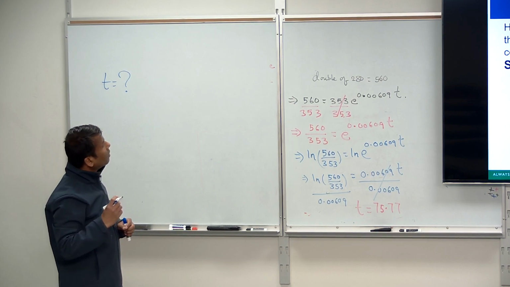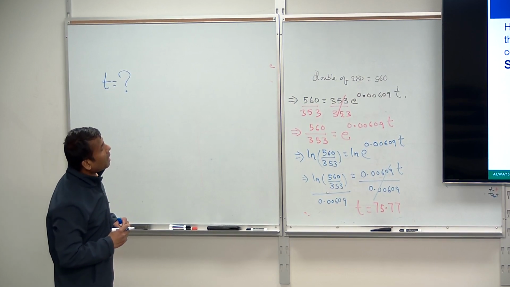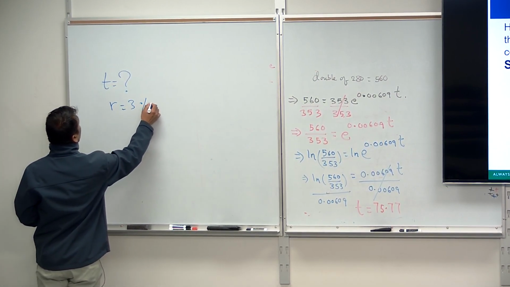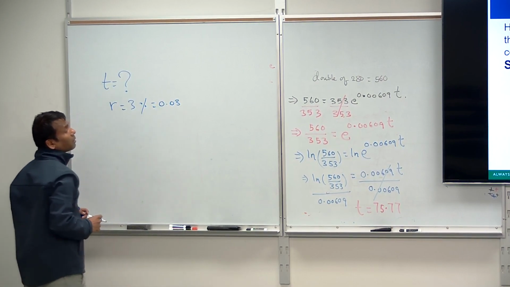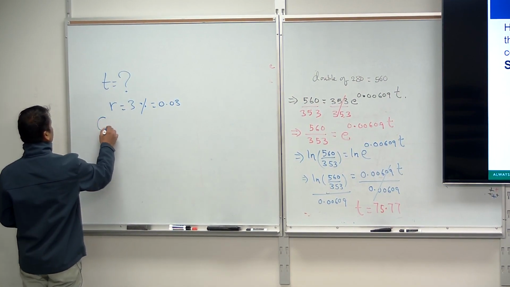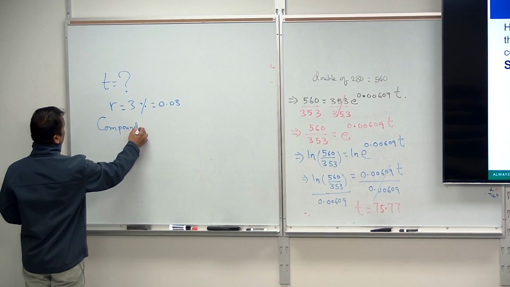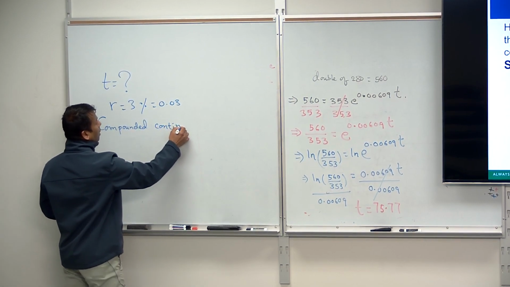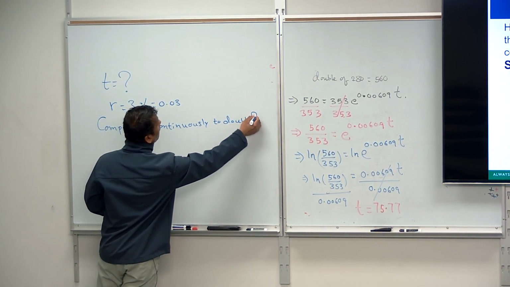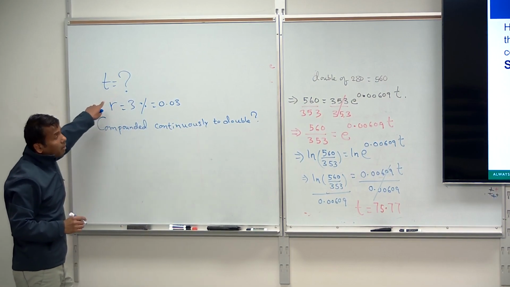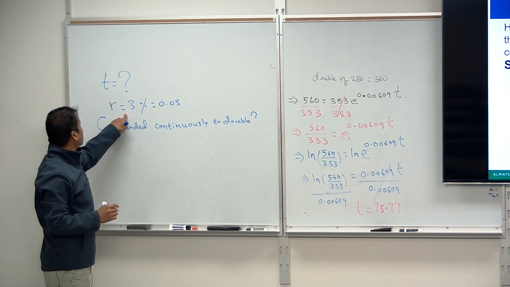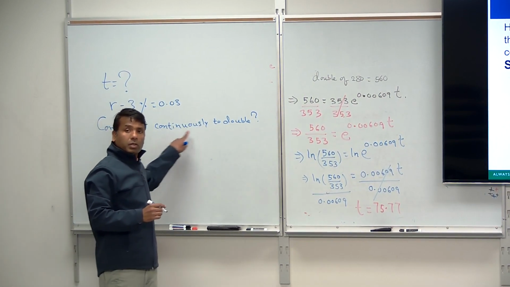How long will it take for the money in an account that accrues interest at a rate of 3%? So R equal to what? 3%. So that means 0.03. Compounded continuously to double. How long does it take for the money in an account with this interest rate compounded continuously to double?